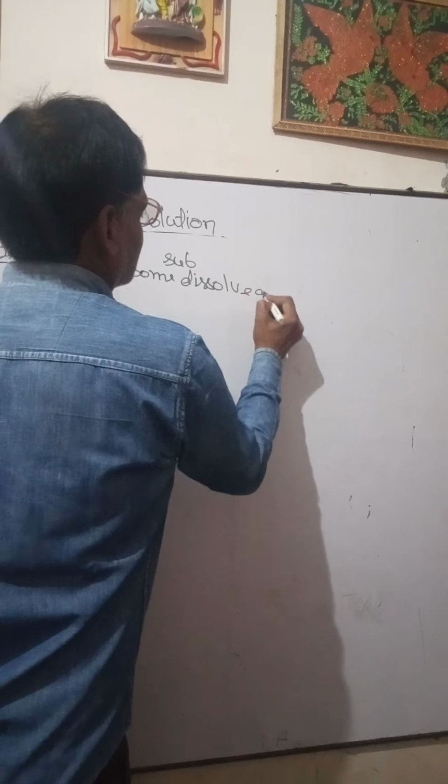Now let us try to understand what the equation of delta G is in this case. Here delta G is equal to lattice enthalpy minus hydration enthalpy.